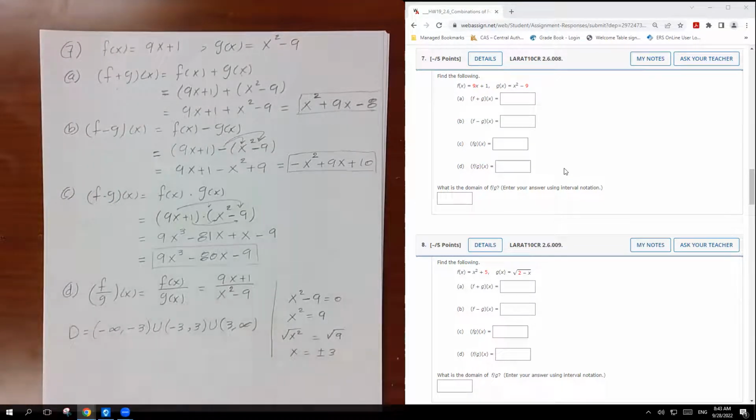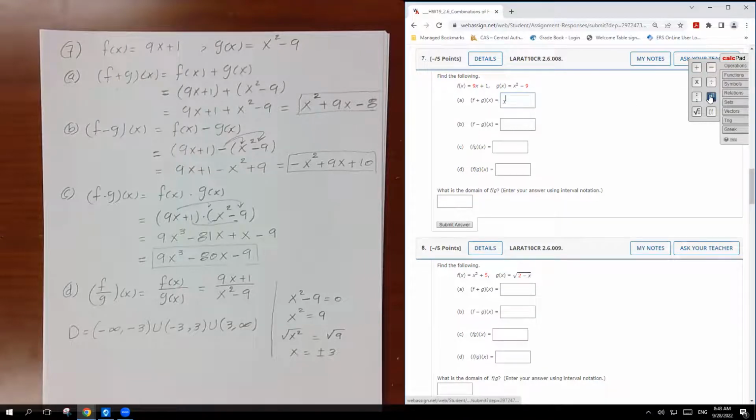Let's check these answers. So the first one, the addition, the result is going to be x squared plus 9x minus 9 minus 8.